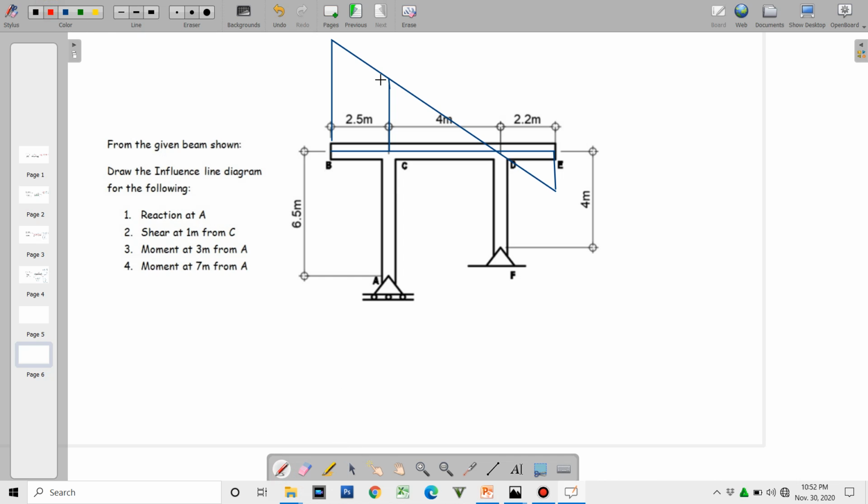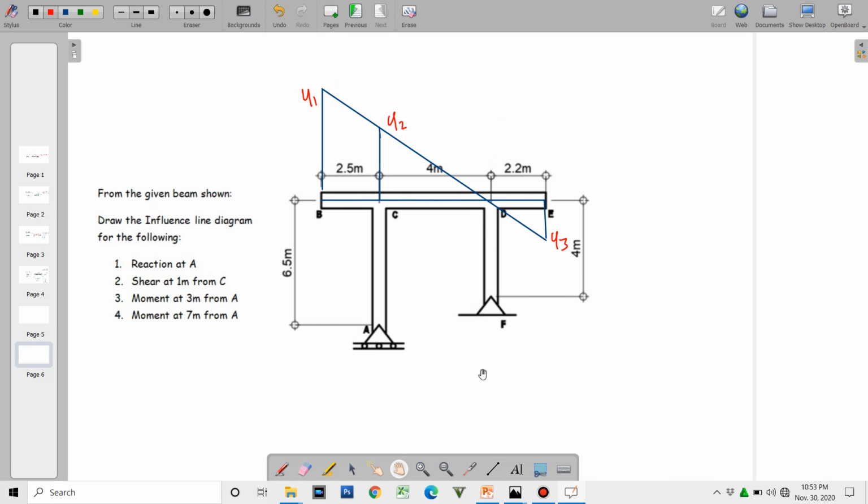So we just have to compute for its coordinates. Say this is y2, y1, and y3. So remember that y2 is equal to 1. So that by ratio and proportion, y1 is to 6.5 as y2 is to 4 as y3 is to 2.2.